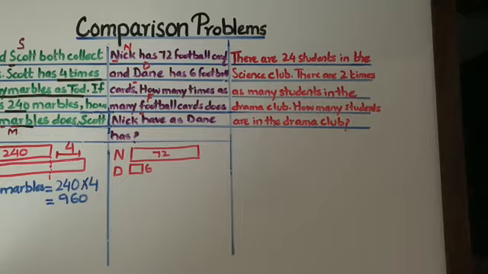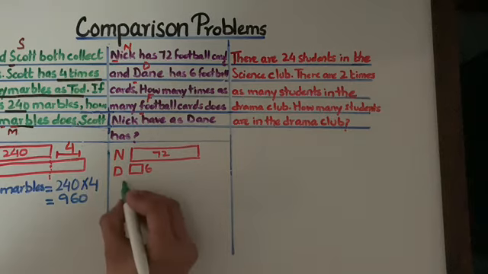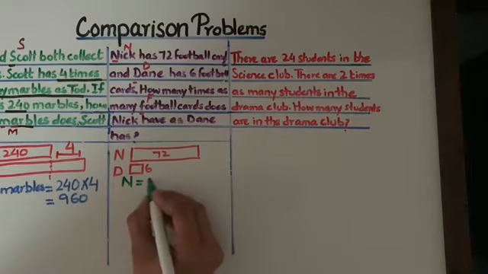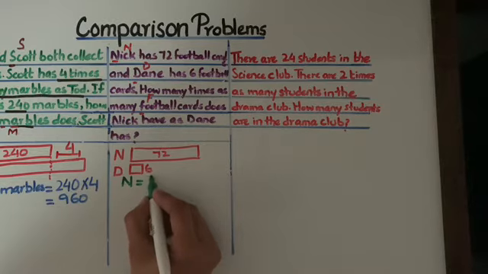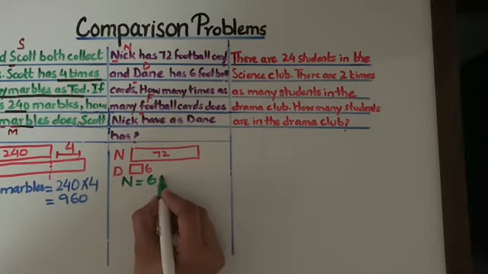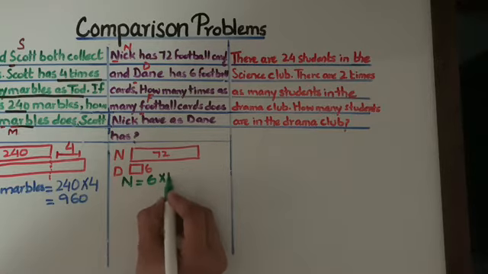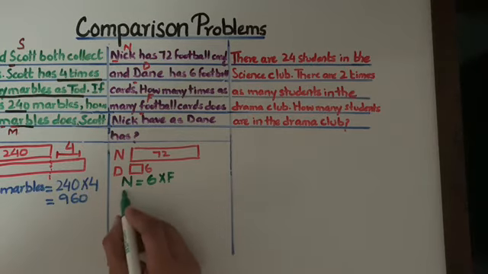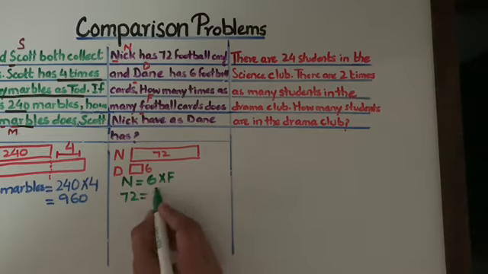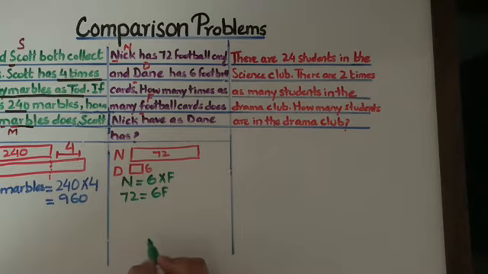So for this, I'm going to write Nick is equal to, Nick's football is 72, which is 6 times as many footballs. In other words, I can write it as Nick has 72, and 6 times F, I can write it like this, 6F.